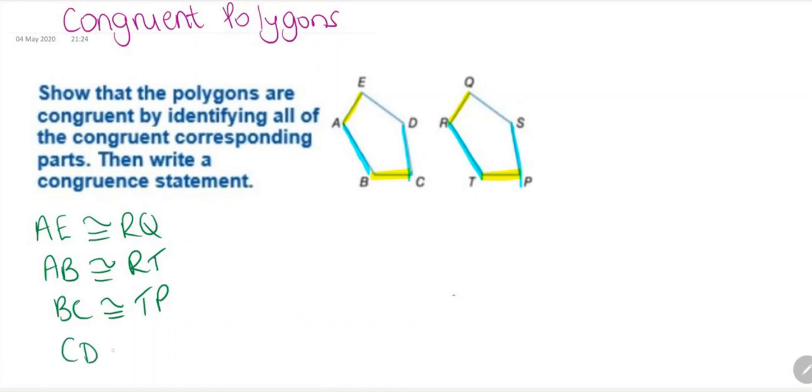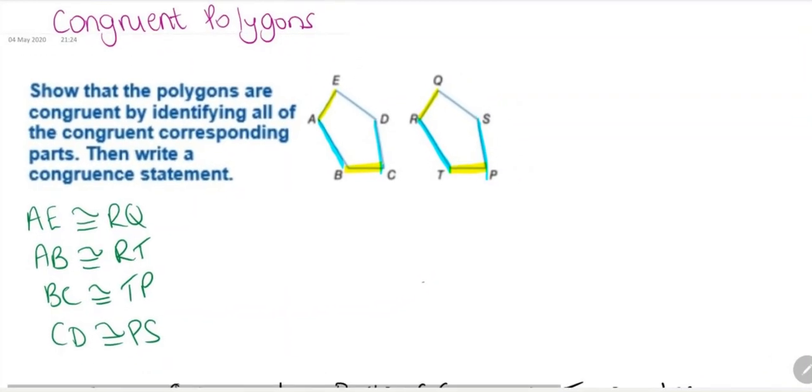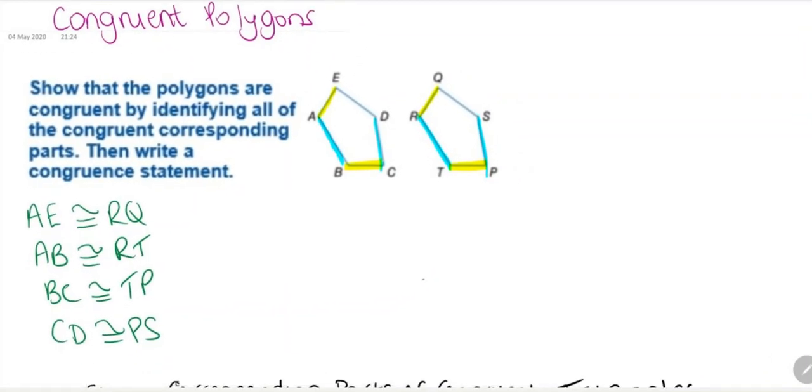So CD is congruent to PS. And this one here, ED and QS. So ED is congruent to QS. So all the sides are congruent.